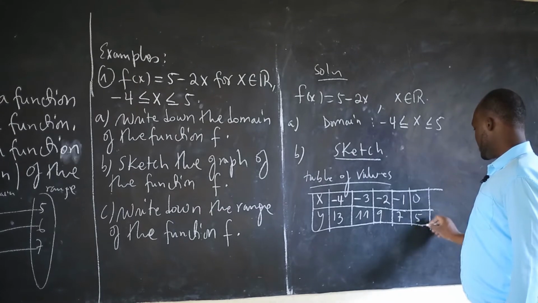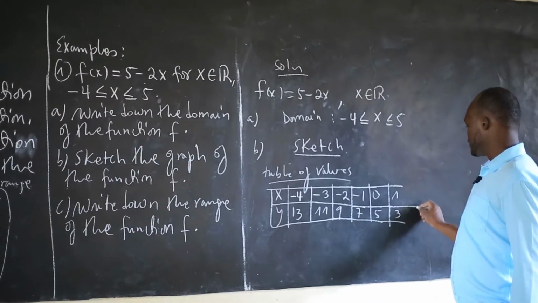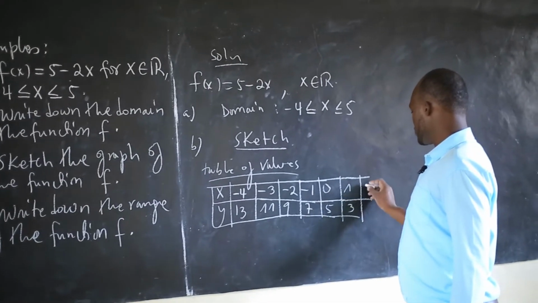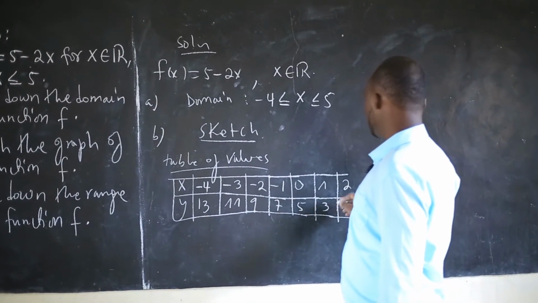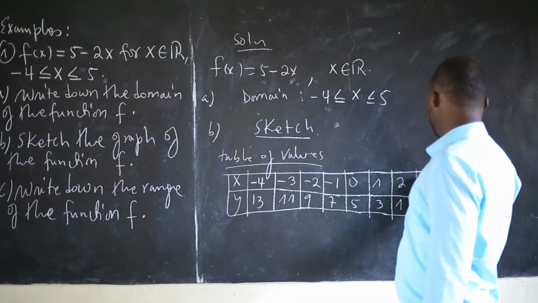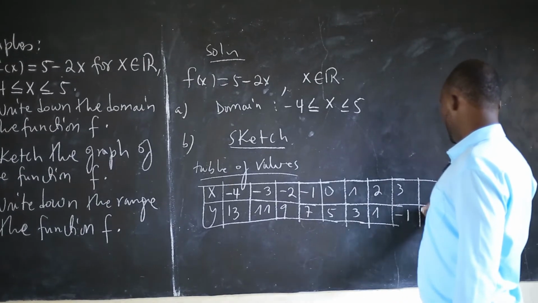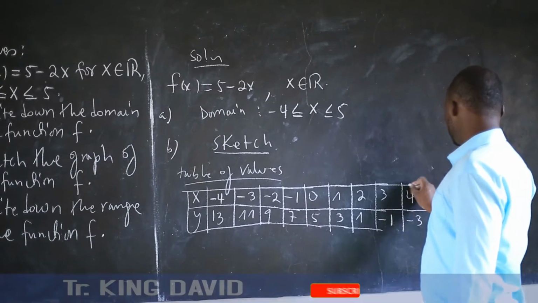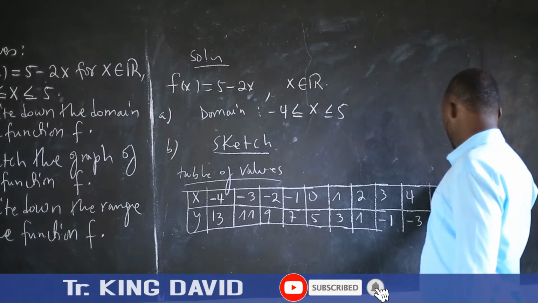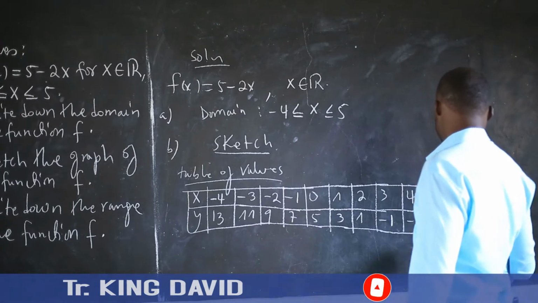When x is 1, that's 3. When x is 2, that is 1. When x is 3, that's negative 1. When x is 4, that's negative 3. When x is 5, that's negative 5.